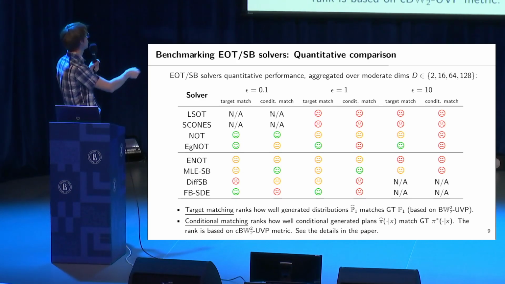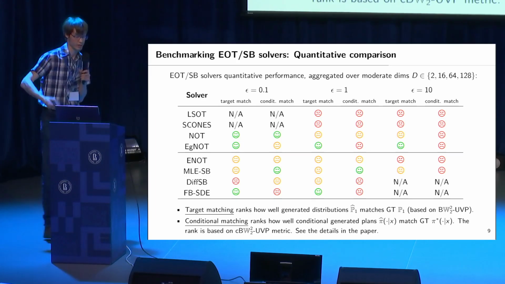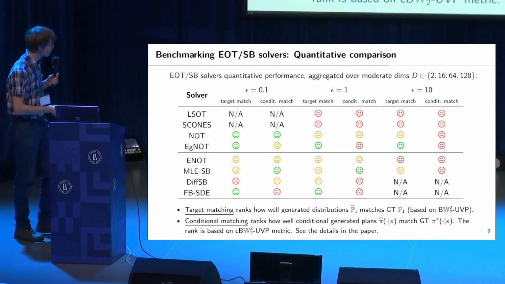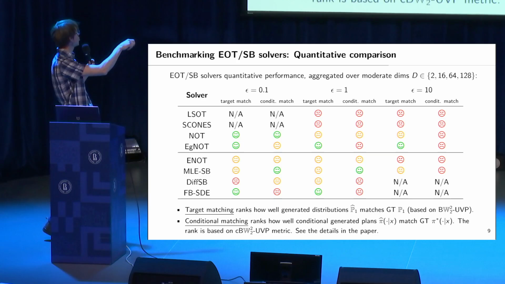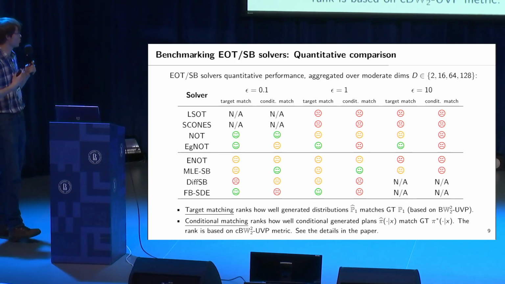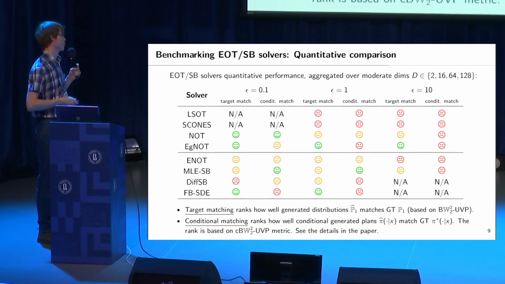In the first column, we demonstrate how these solvers actually solve generative modeling tasks, so how they map from the source distribution to the target one. And the second column shows how they actually solve the entropic optimal transport or Schrödinger bridge problem. Actually, I don't want to get into details of why this or that problem works or doesn't work.